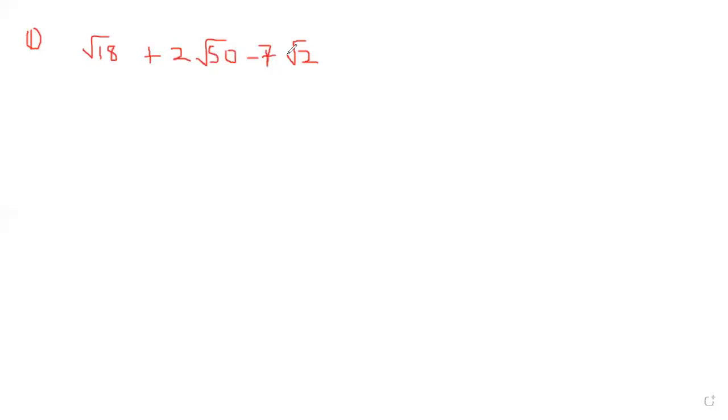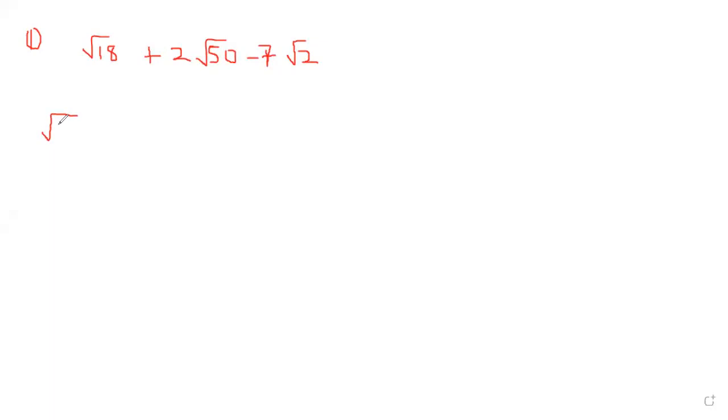The rule here is we need a common surd. We said that surds were also the square root of prime numbers. Prime numbers cannot be broken down further, except into themselves and 1.